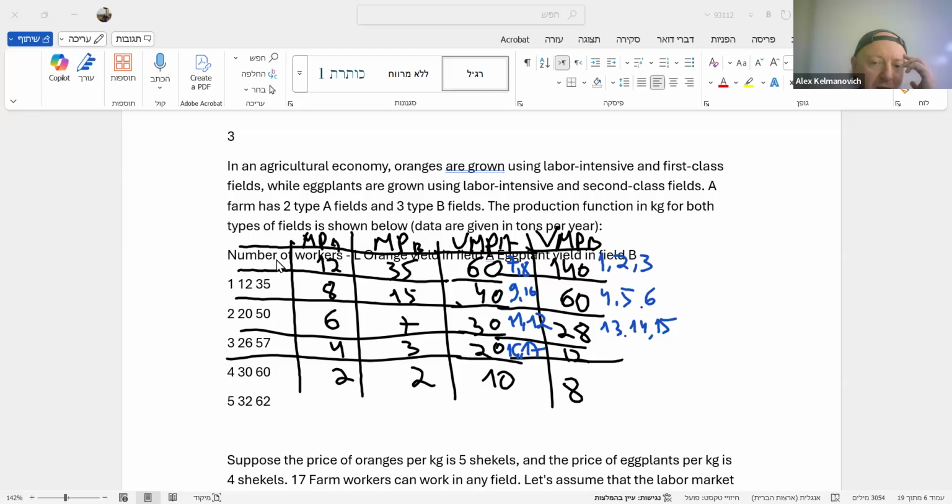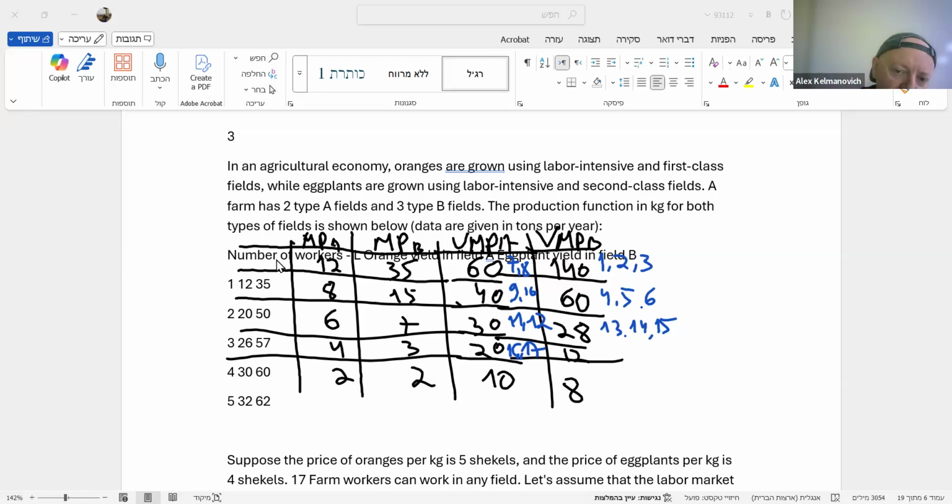In these cases, the wage is by the last, the VMP of the last labor. Marginal value. The value of marginal product. So we look at the last labor, number 17.